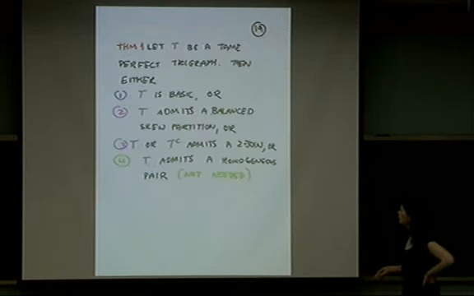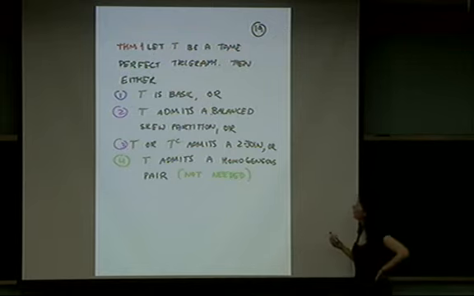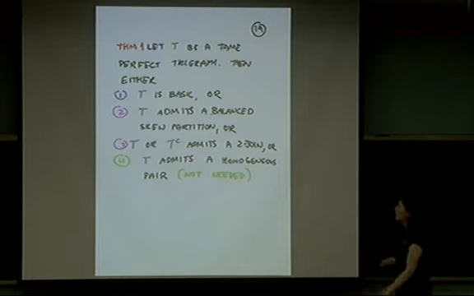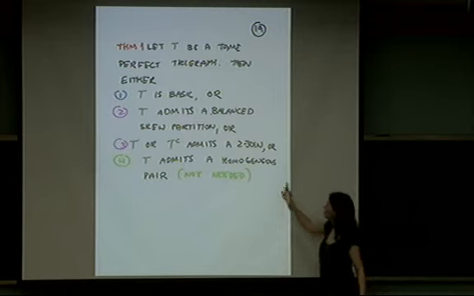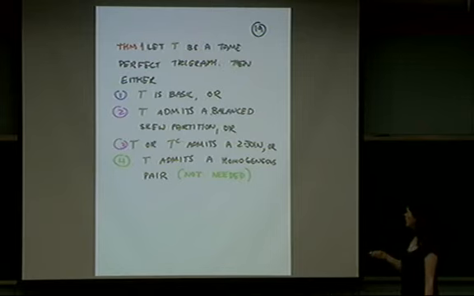One more. So that's the theorem: either you're basic or it admits a balanced skew partition in the trigraph sense, or a two-join or a two-join in the complement, or a homogeneous pair. And again, actually, you don't need homogeneous pairs. All right. So that's one theorem.